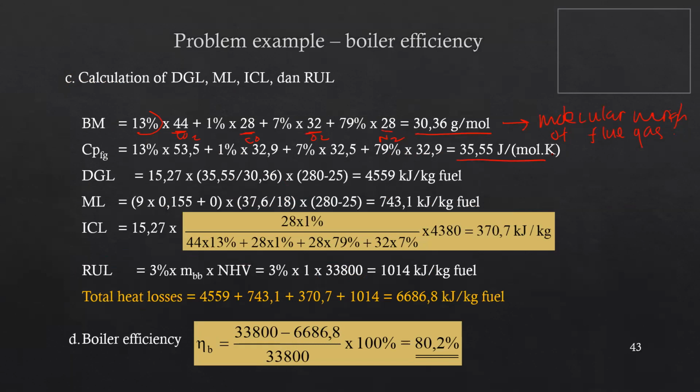And then we calculate the dry gas losses. The formula of the DGL is equal to the mass of the flue gas, multiplied by the Cp of the flue gas, multiplied by the temperature of the flue gas minus the temperature of the reference.